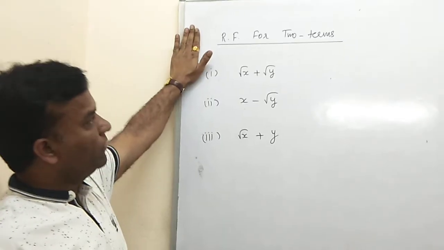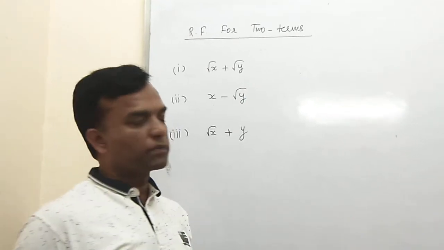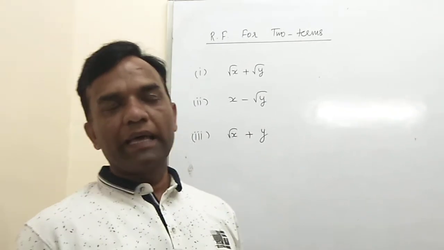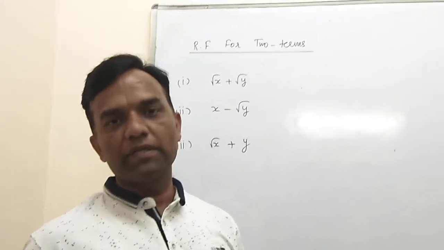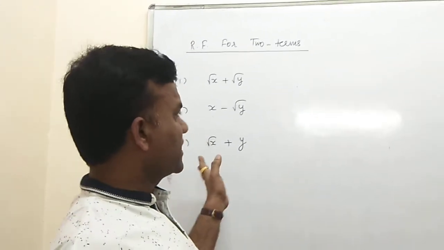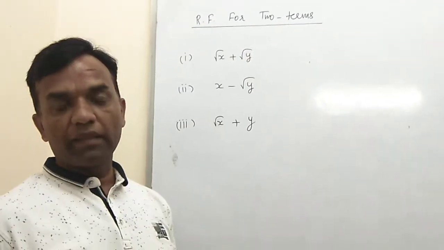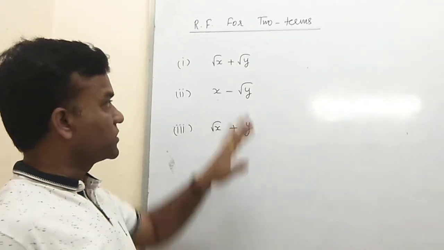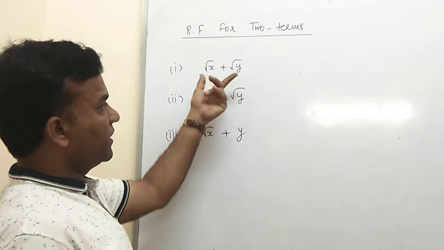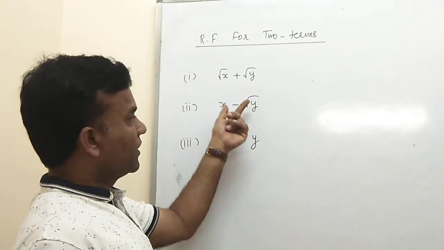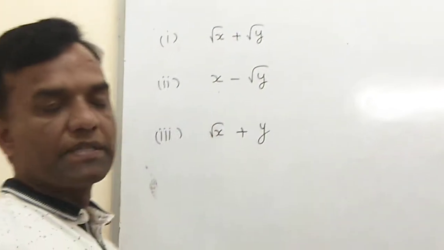Now we have the rationalizing factor for two terms, because previously we explained only a single term, and that depends on its power, the root's power is important. The same thing applies here, but suppose two terms are given inside, how do you find the rationalizing factor for these two? There is only one concept here: both numbers are irrational, or a single number is irrational, or a single number is irrational with a different sign.